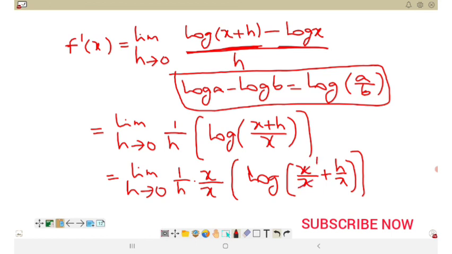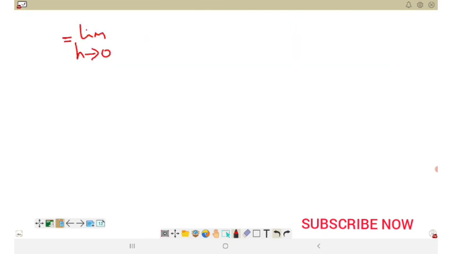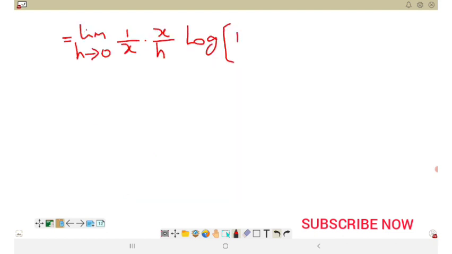Here multiply and divide by x: limit h tends to 0, 1 by x into x by h into log of 1 plus h by x.